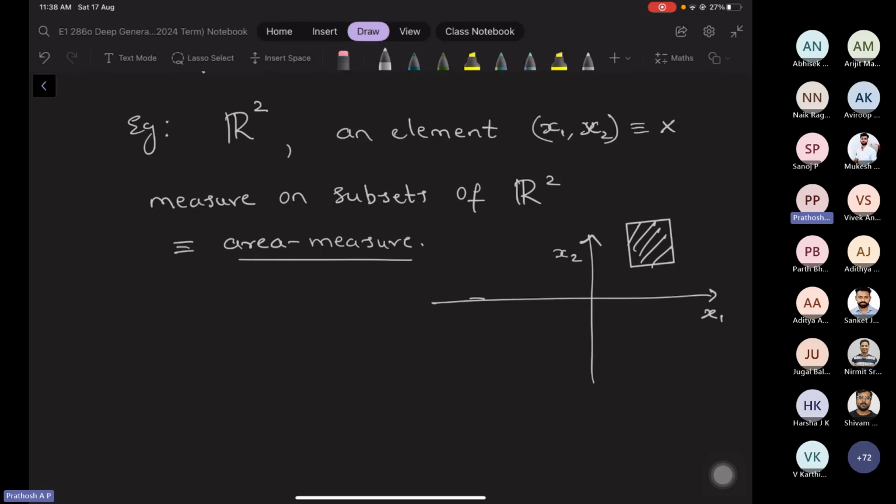There's a definition of measure: if you have a set with zero cardinality, the measure has to be zero. If you have two non-overlapping subsets, the measures of the individual subsets have to add up to the measure of the union of those subsets. These are some of the properties that a measure should have. But anyway, you can come up with multiple measures.